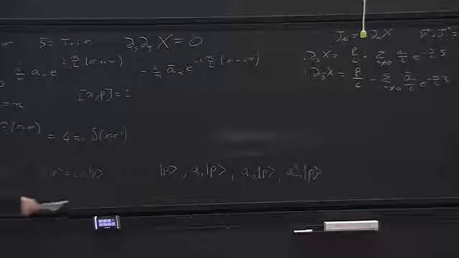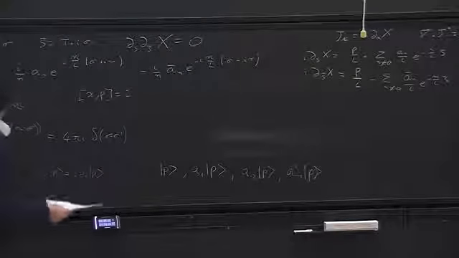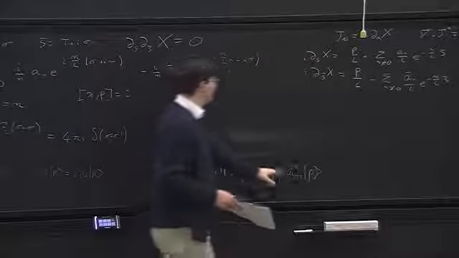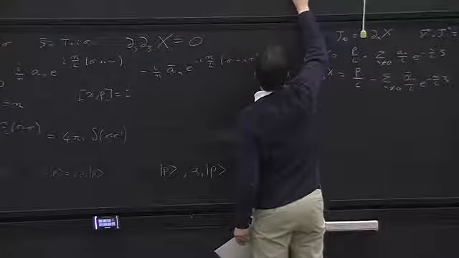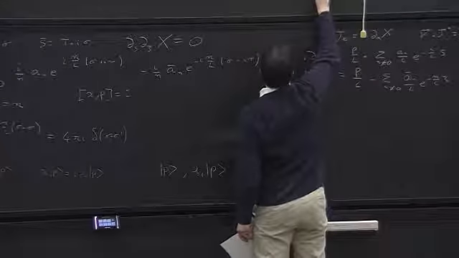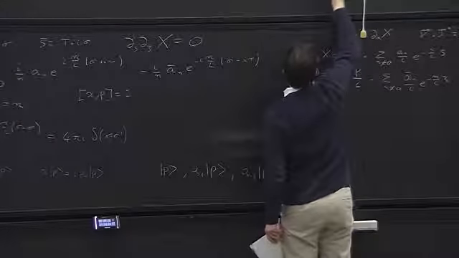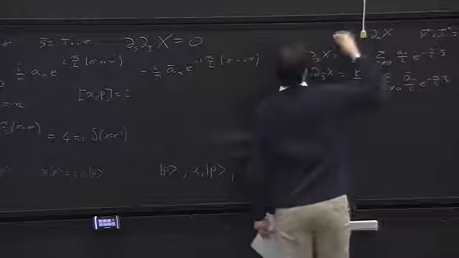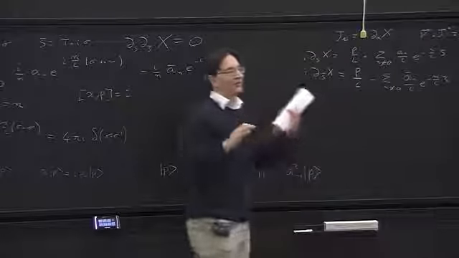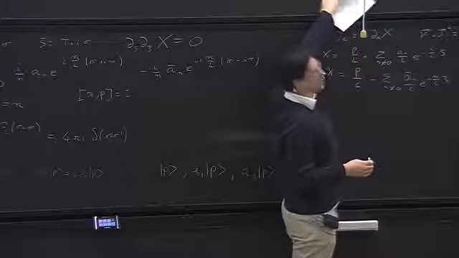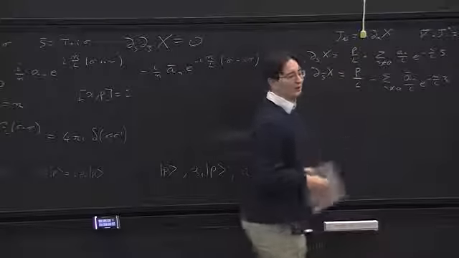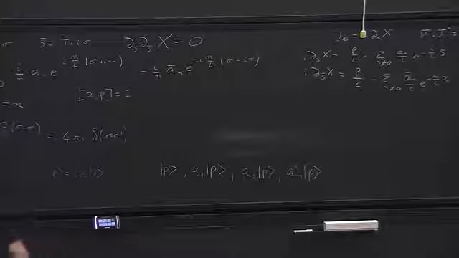So if you want to start to figure out how some of these operators act on some of these states, say if you want to compute A1 A minus 1 squared on |p>, what do you do? Well, you use your commutation relations until these kind of operators hit the vacuum and kill it.